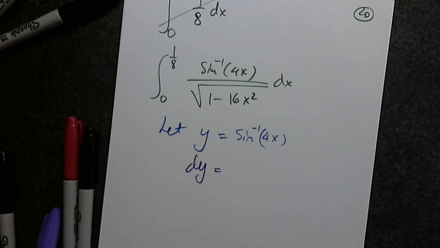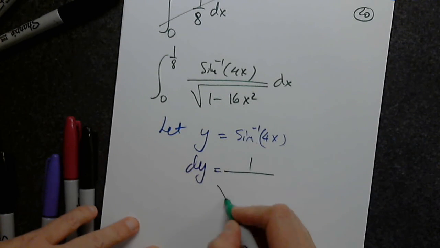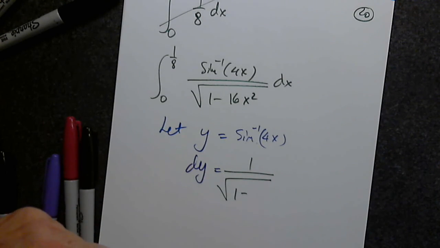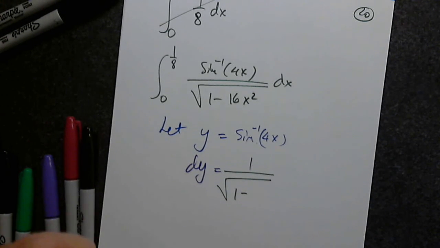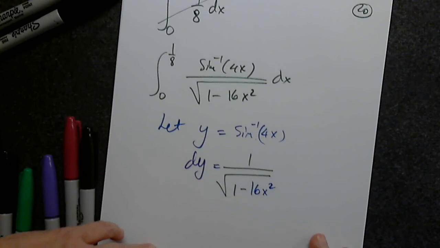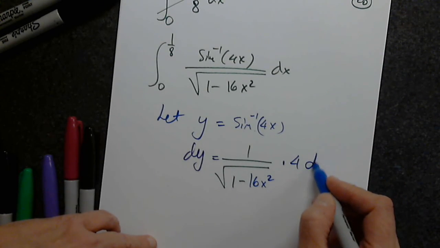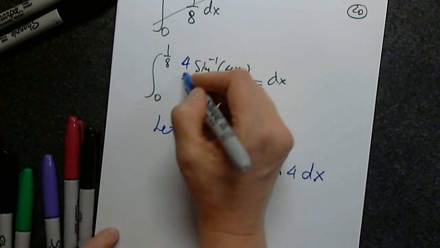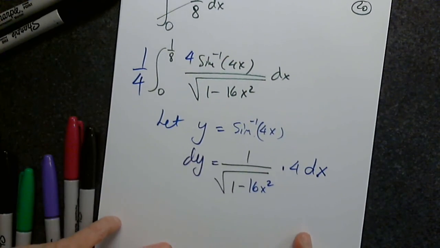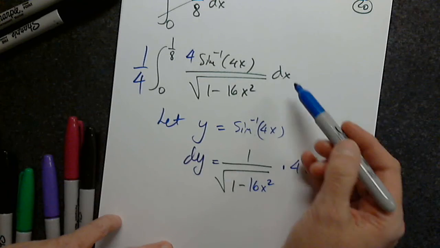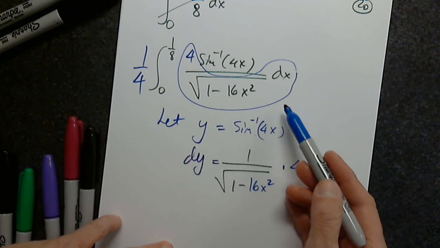Yes, 1 over the square root of 1 minus 16x squared, very good, of course times the inner function prime, which is 4, times dx. Easily makeable. So 4 dx and the denominator, all these make up what?